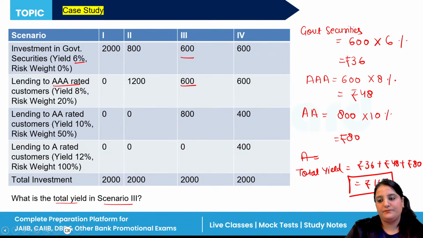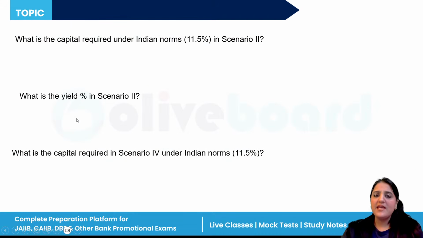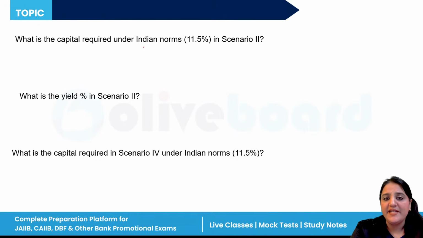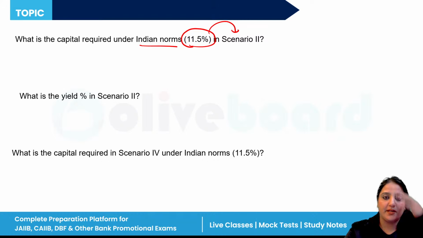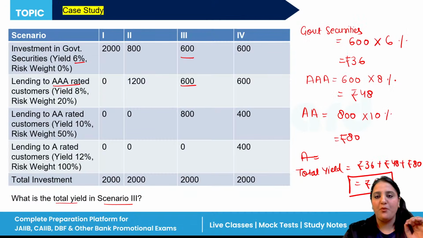Now, next question on this case study. What is the capital required under Indian norms, 11.5%, in scenario second?